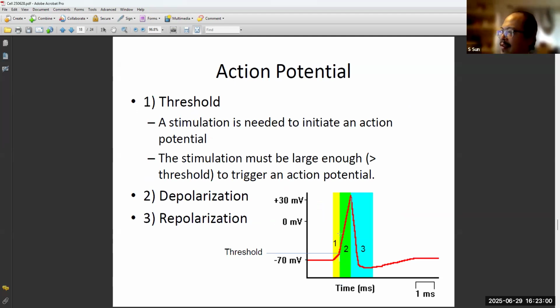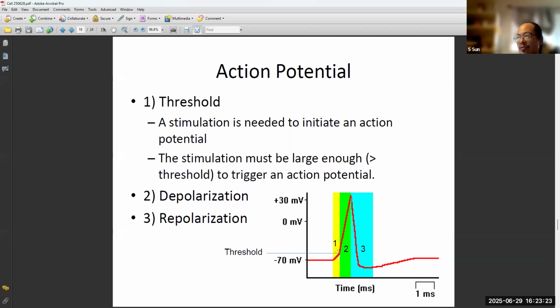In the action potential, you basically have two major phases: a depolarization phase and then a repolarization phase. First, you need to stimulate these cells above a threshold. Stimulation is needed to initiate the action potential, and it has to be above the threshold.